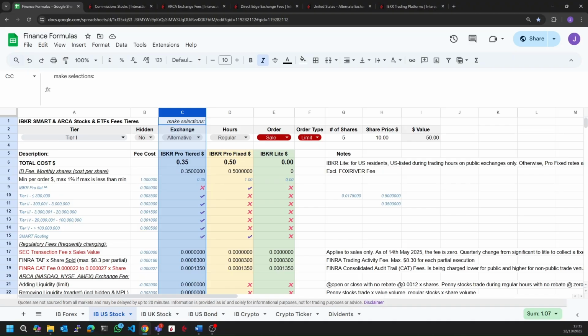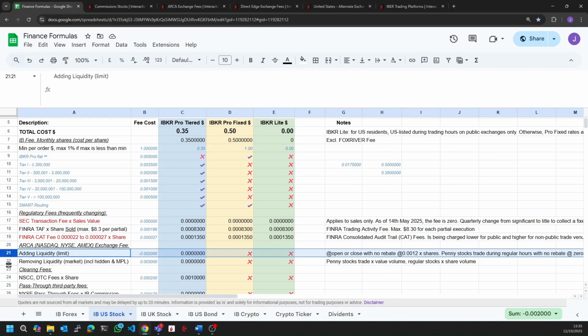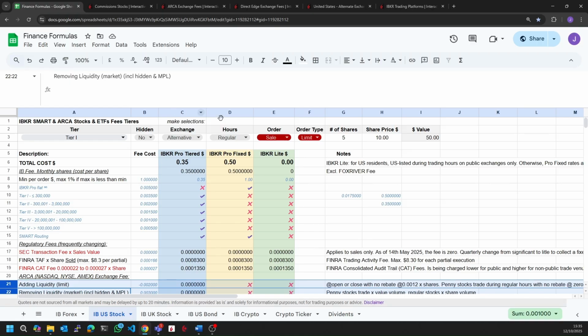So smart routing is an Interactive Brokers routing system which will smartly route your order to the best possible price. So it will calculate what is the exchange fee. It will take these fees into consideration. And it will take the ask and bid price on that exchange, and it will route your order through the best possible route.